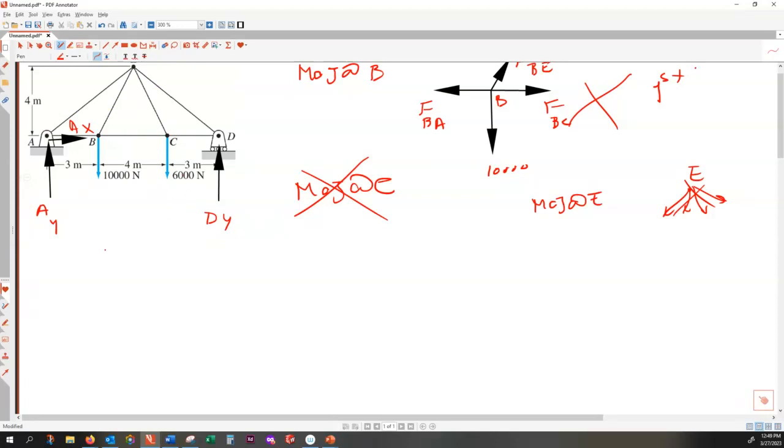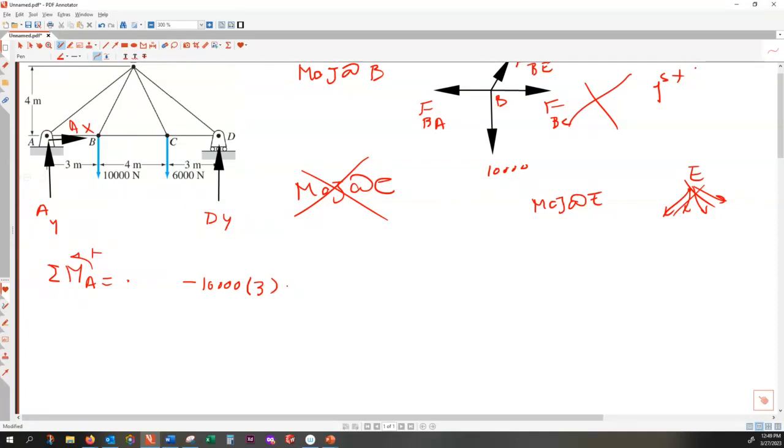Perhaps the best start is to take rotation with respect to A, and that is the positive rotation. That would vanish the rotation due to A by AX, and then rotation due to the B external force that is in the negative direction. That's minus 10,000 multiplied by 3, which is the arm of rotation.